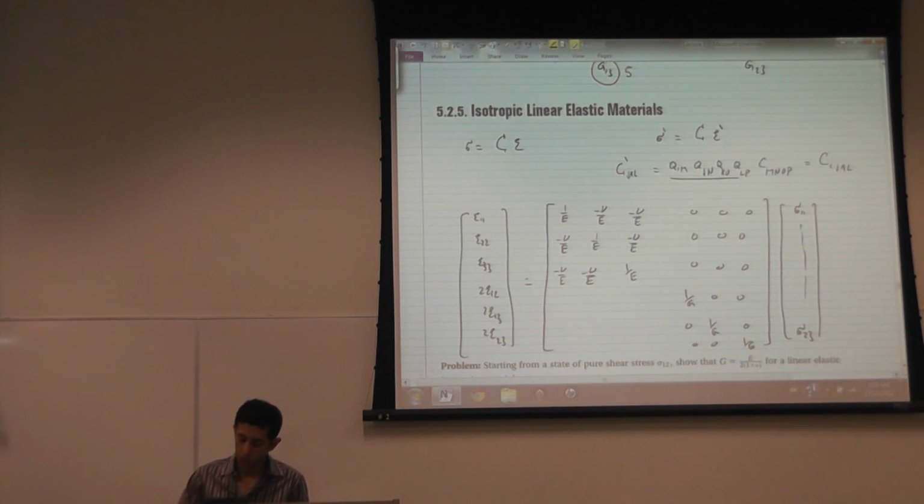This is a 6 by 6 matrix that only has two constants because G is equal to E divided by 2 times 1 plus Poisson's ratio.